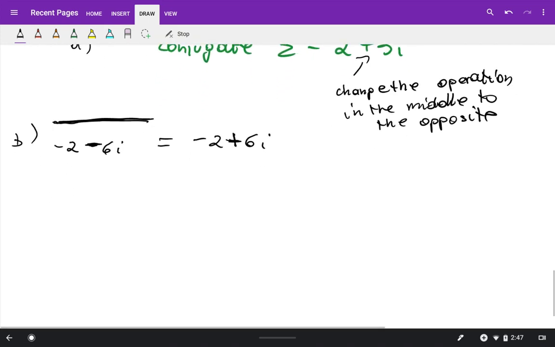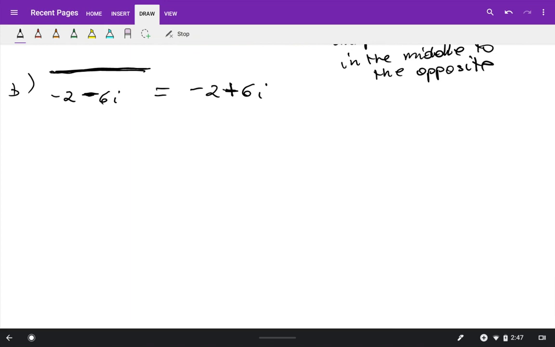Very important rule: when you multiply two complex conjugates, you will always end up with a real number. Okay, so let me write this down. This is important.